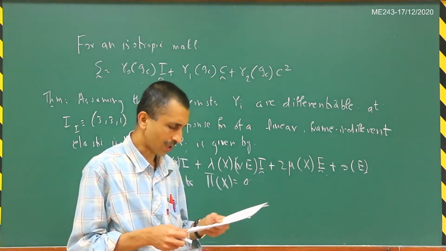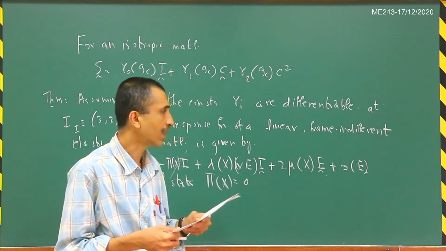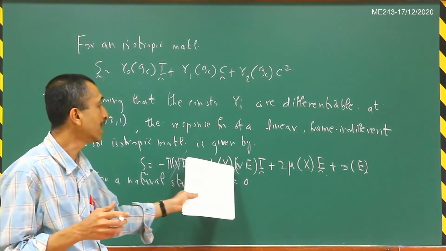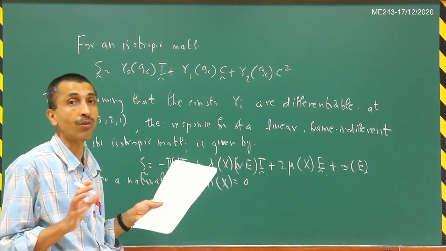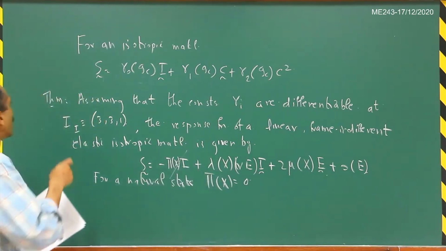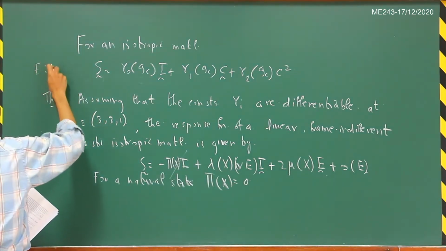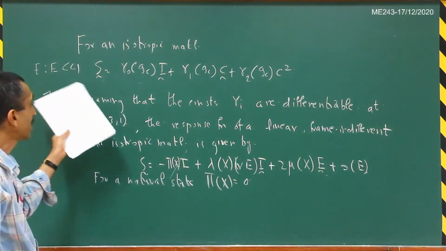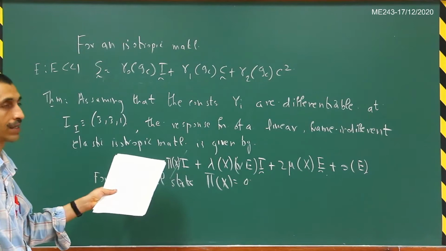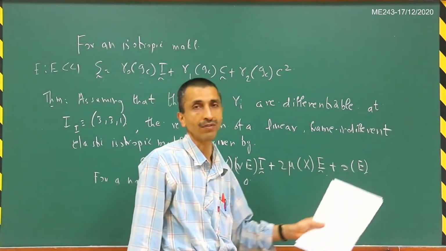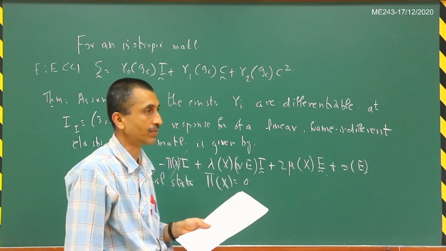Suppose the strains are small, so this E is small in some norm sense, that means E times E is much less than 1. Then we can make this approximation that we retain only up to the linear terms, and we can drop the non-linear terms here.